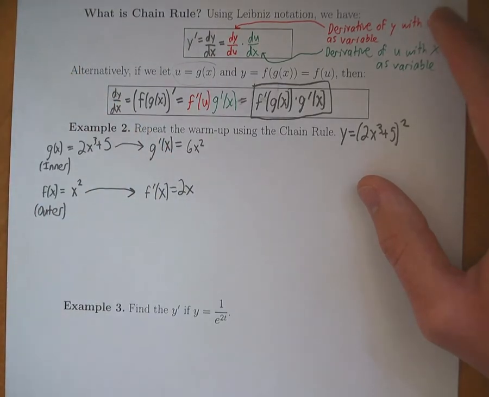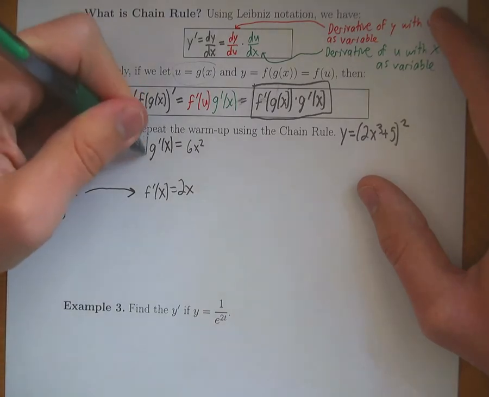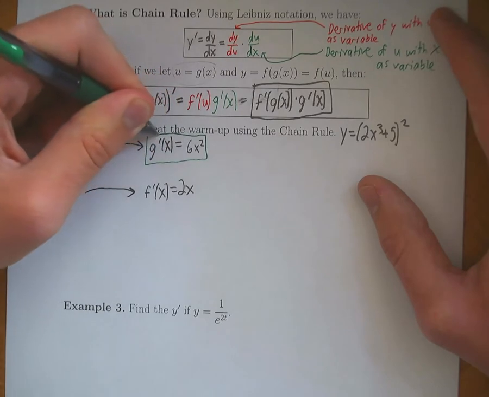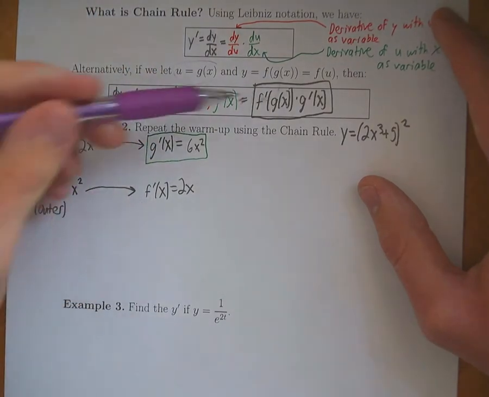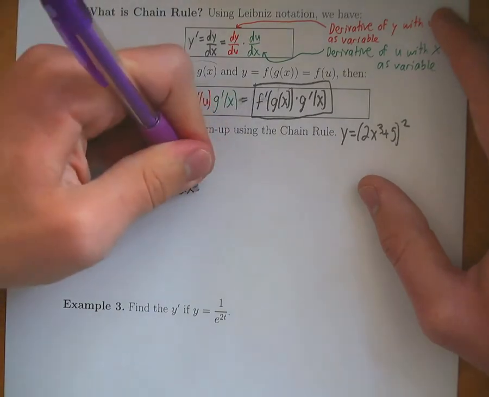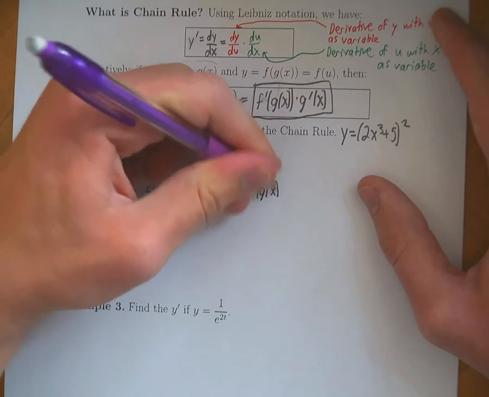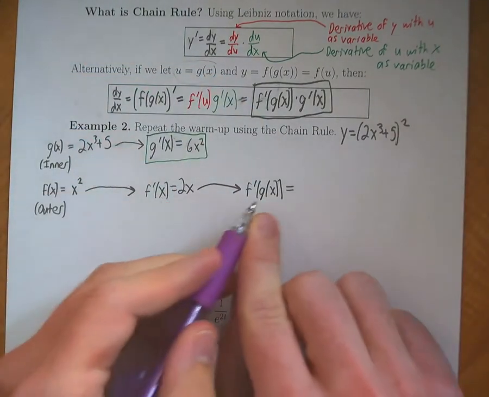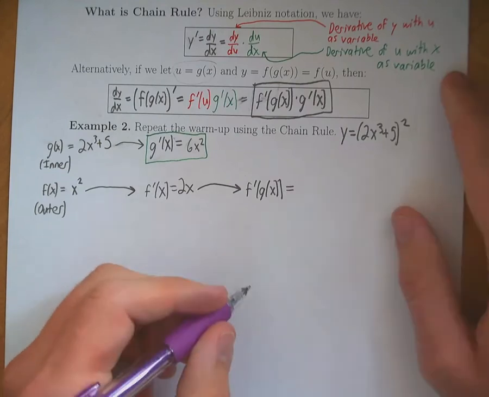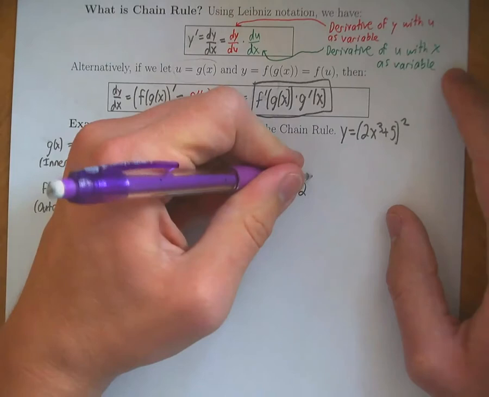Alright? The good news is that we already have g prime of x as per what we need for the chain rule, so we'll leave this as is. But for the next part, we need f prime of g of x. That just means we need to replace whatever we have as x here with g of x. So f prime of g of x is 2 times what?